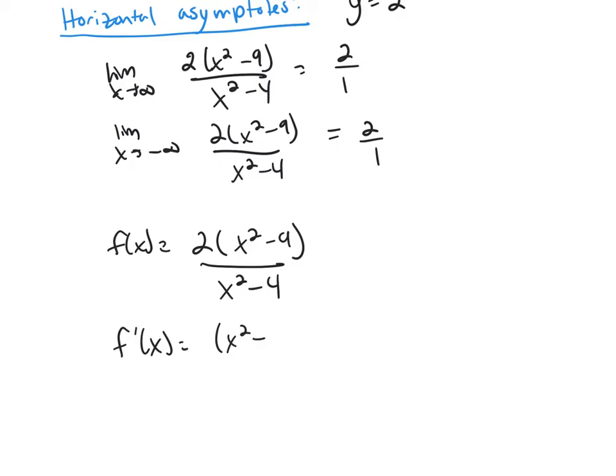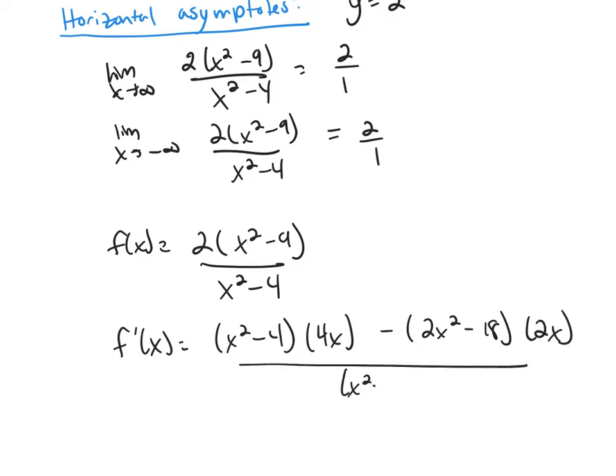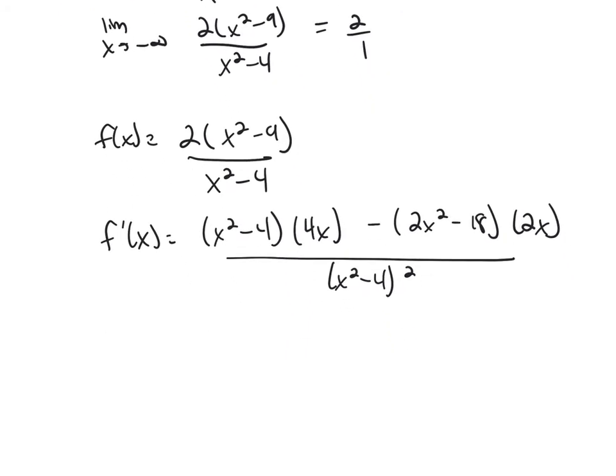It'll be low times the derivative of the top, which is 4x, minus the top times the derivative of the bottom, 2x, over x squared minus 4 squared. And then you need to simplify the numerator. If you do that, you'll get 20x over x squared minus 4 squared.